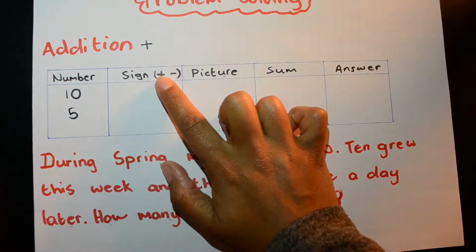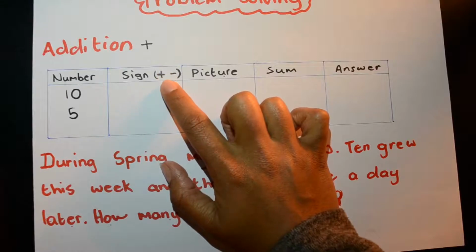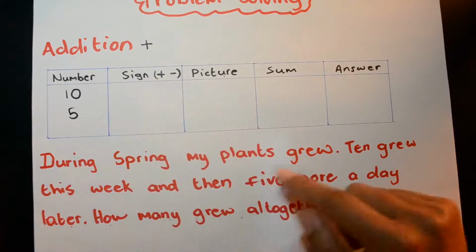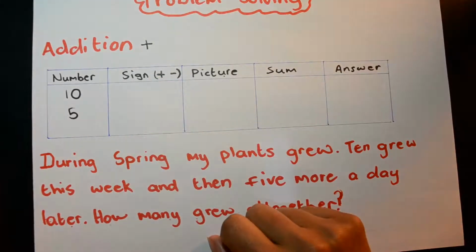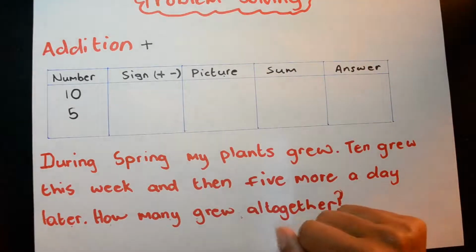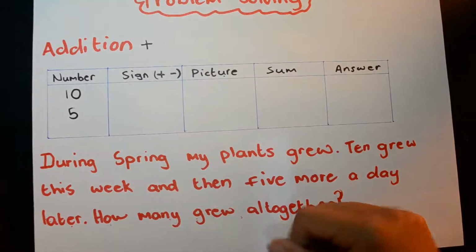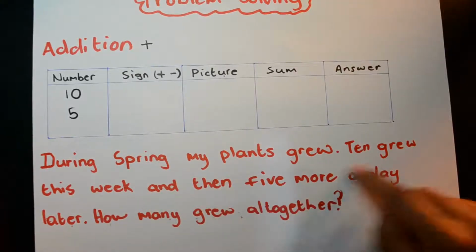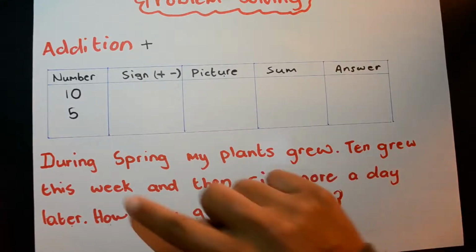And with plusing, remember there's different words that we can use when we talk about plusing. We can use words like more, or growing, or altogether. But you have to read the sentence. You have to read what's written down.